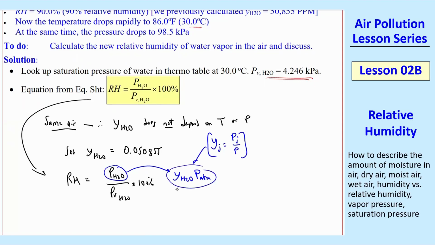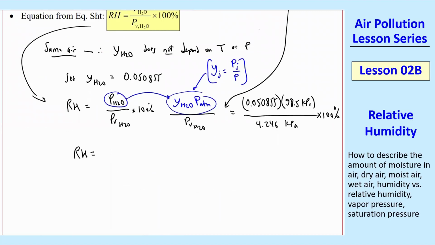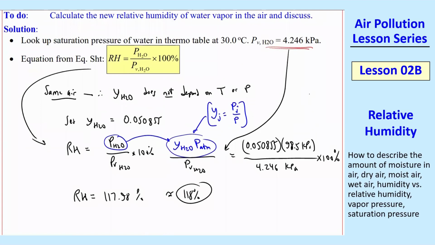So that's going to be what we'll put in the numerator, and then we'll use our new Pv,H2O for that. And so when I plug in the numbers, I get 117.98%, or roughly 118%.